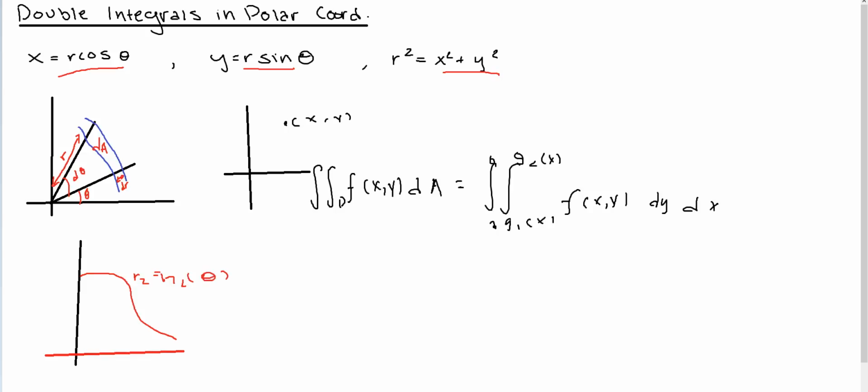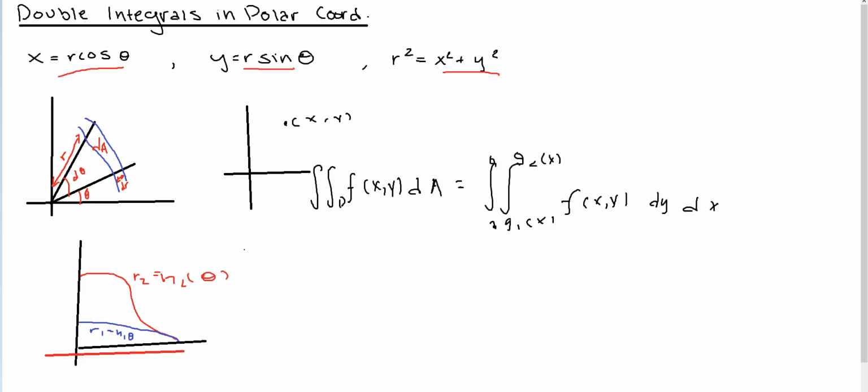And this function is representative of r1, which is equal to h1 of theta. Now, we can also draw another line and indicate how far our theta gap opens.